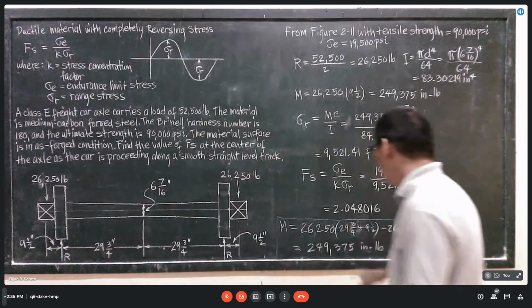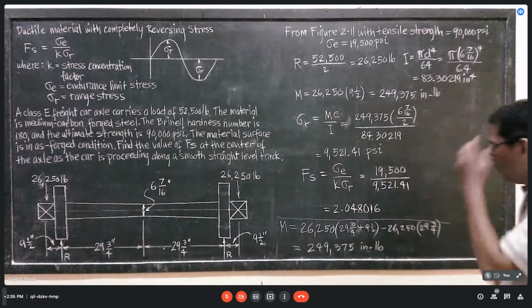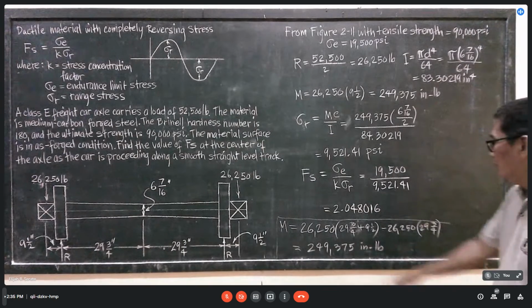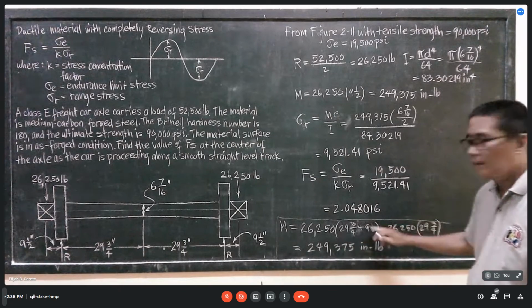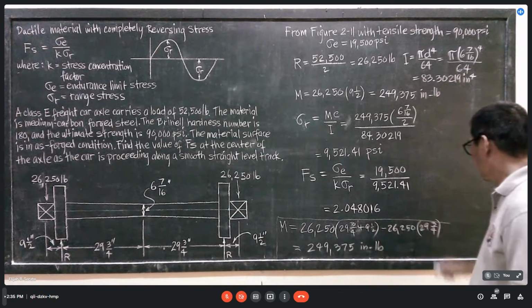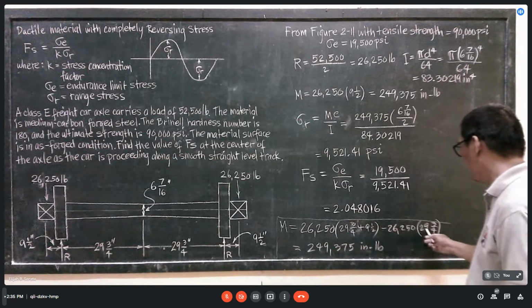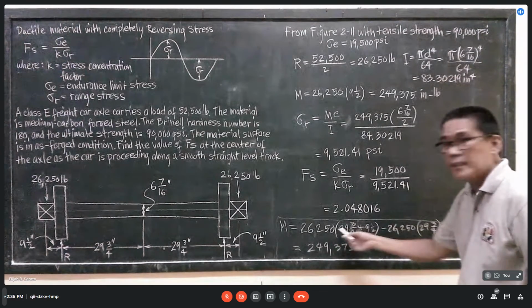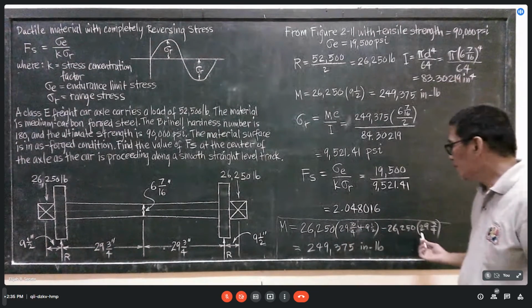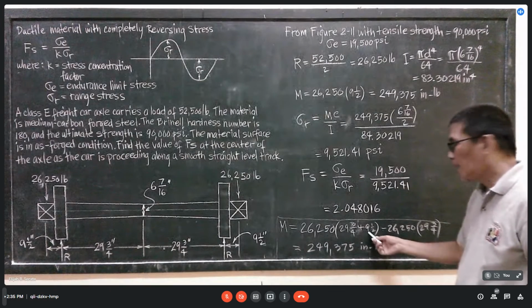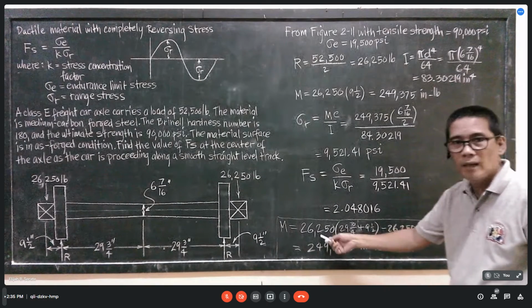Because you will find it here, no? What will happen? You distribute. What will happen here is negative 29 and positive 29, so they cancel. What comes out is just 9.5 times this one.